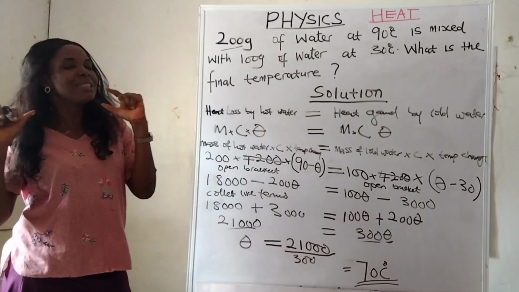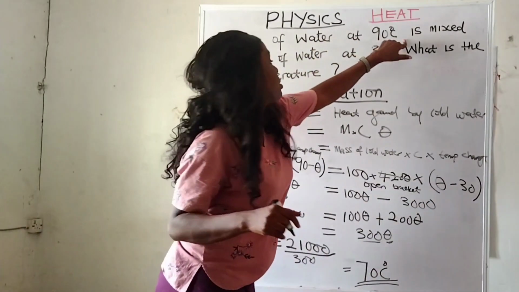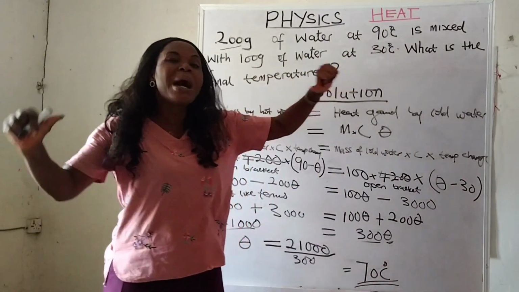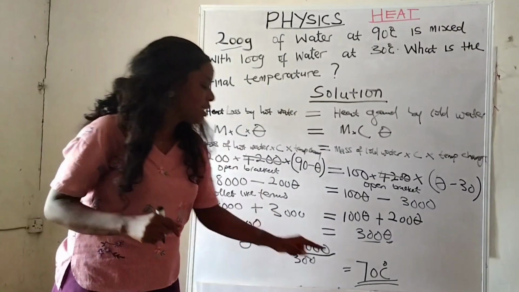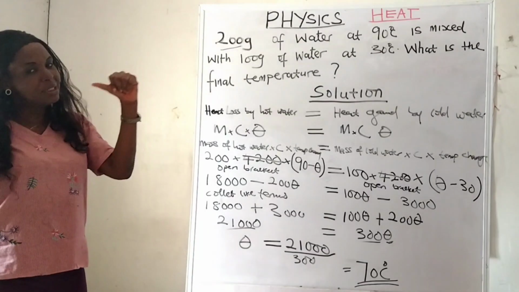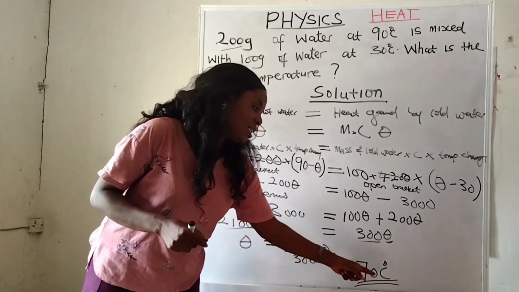So the resulting temperature when this 200 gram of water at 90 degrees Celsius and the 100 gram of water at 30 degrees Celsius were mixed together is 70 degrees Celsius. Yes. When the two of them were mixed together, the temperature of the mixture is 70 degrees Celsius.